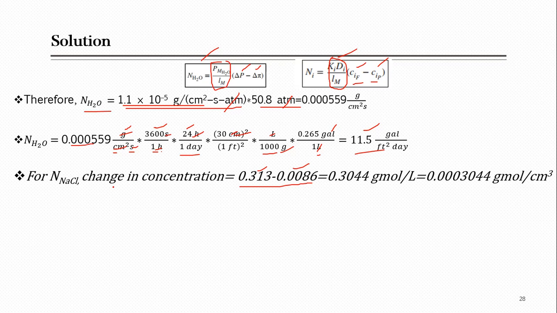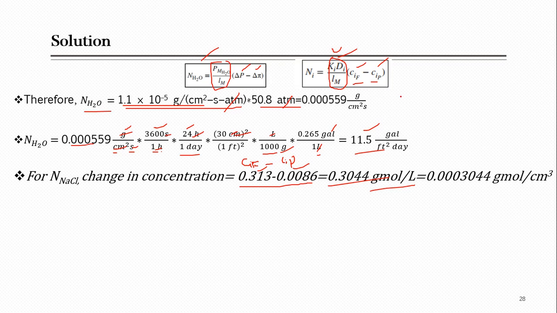For NaCl, the change in concentration, I am calculating as CiF minus CiP. This is calculated here, CiF minus CiP. This is 0.313 and 0.0086, which we calculated on the last slide, so it will be 0.3044 gram mole per liter, but we have to convert it to cubic centimeter because the units of permeance of NaCl were given in centimeter per second.